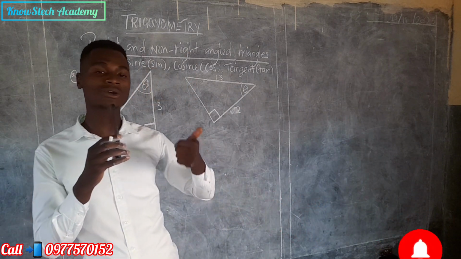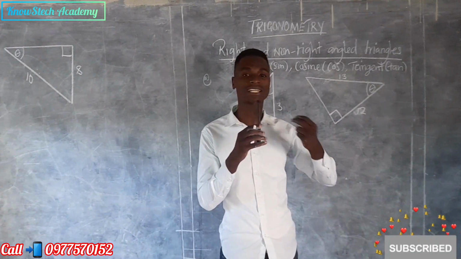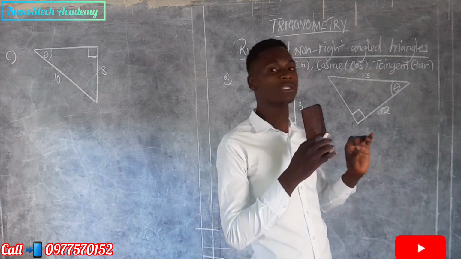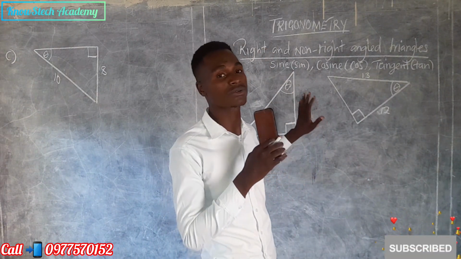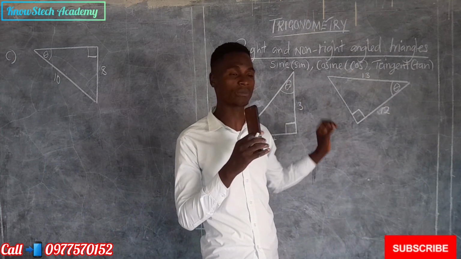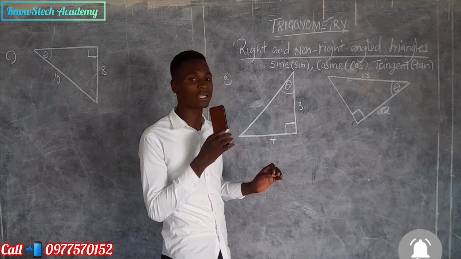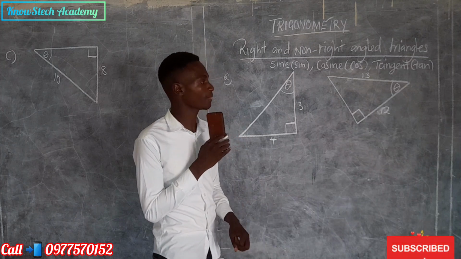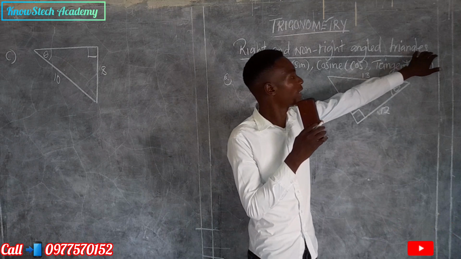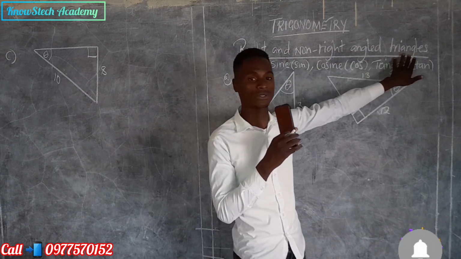These we'll look at in the next level, when you'll be looking at additional mathematics or A-level mathematics. In this level of mathematics, we only deal with these three trig ratios or trigonometric functions: sine, cosine, and tangent.